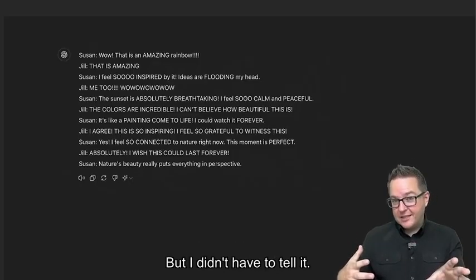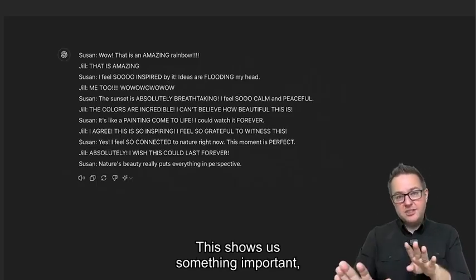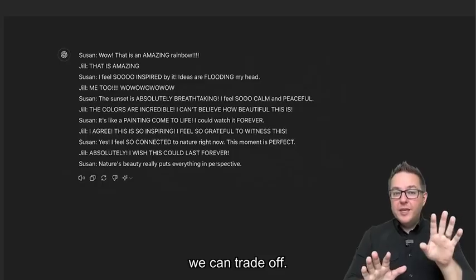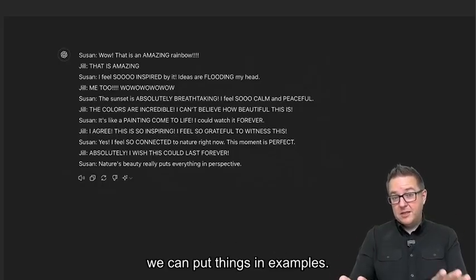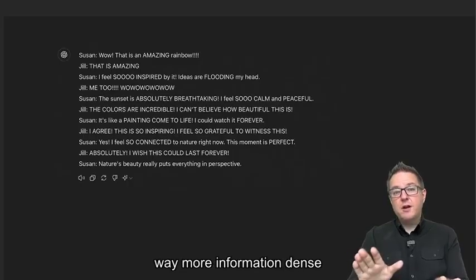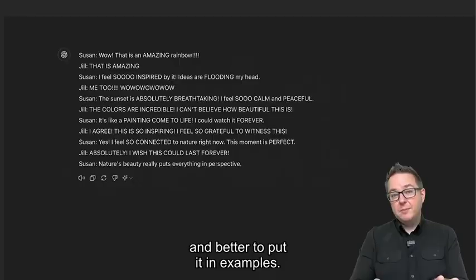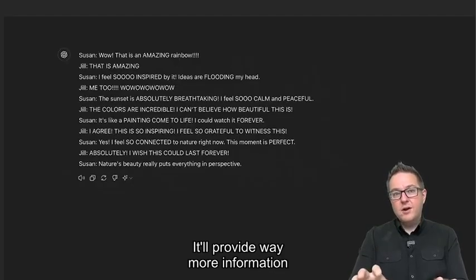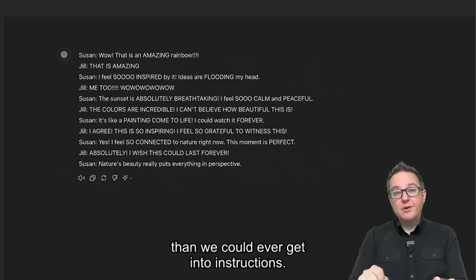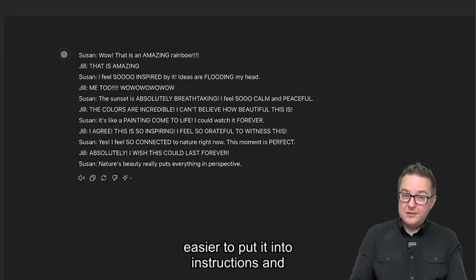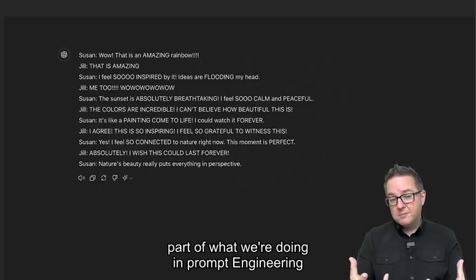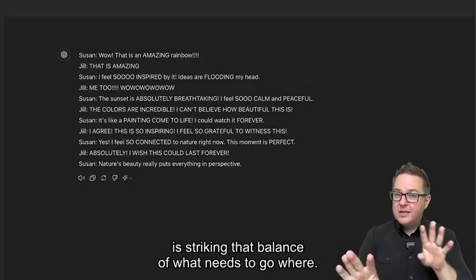But I didn't have to tell it. So this kind of shows us something important. We can trade off. We can put things in instructions, we can put things in examples. Sometimes things are going to be way more information dense and better to put in examples. It'll provide way more information than we could ever get into instructions. Sometimes it's just going to be easier to put it into instructions. And part of what we're doing in prompt engineering is striking that balance of what needs to go where.